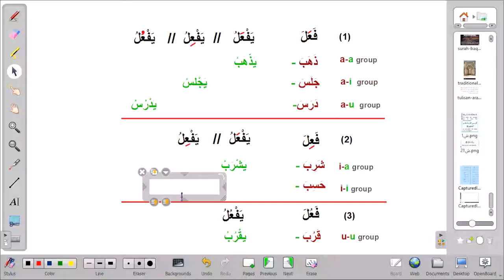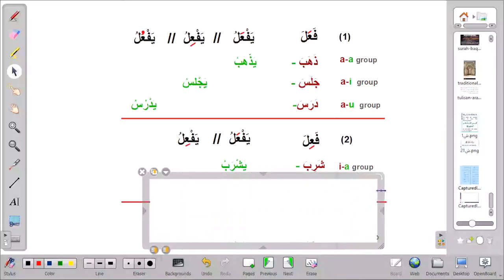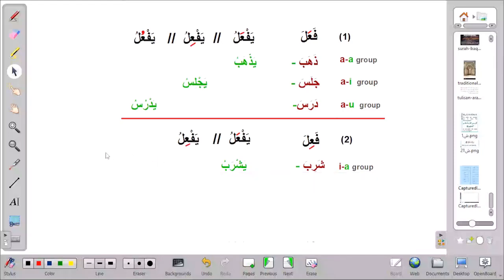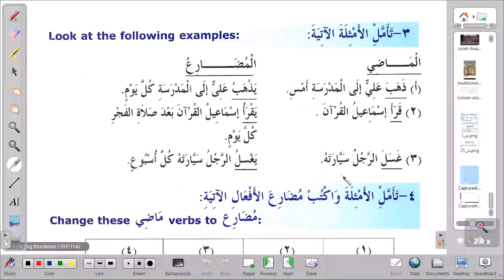But the rest, inshallah, we'll look at it in the last book, or second to last book. So these are the 4 types that we'll be looking at. Fa'ala yaf'alu, fa'ala yaf'ilu, fa'ala yaf'ulu, and then fa'ila yaf'alu. So that is what he has summarized in the table, these 4 groups. Okay, so look at the table, please observe.